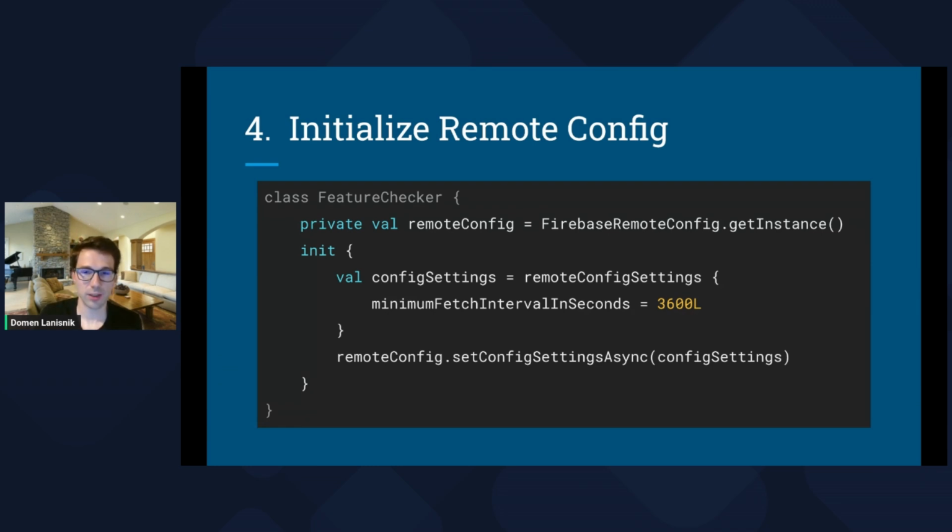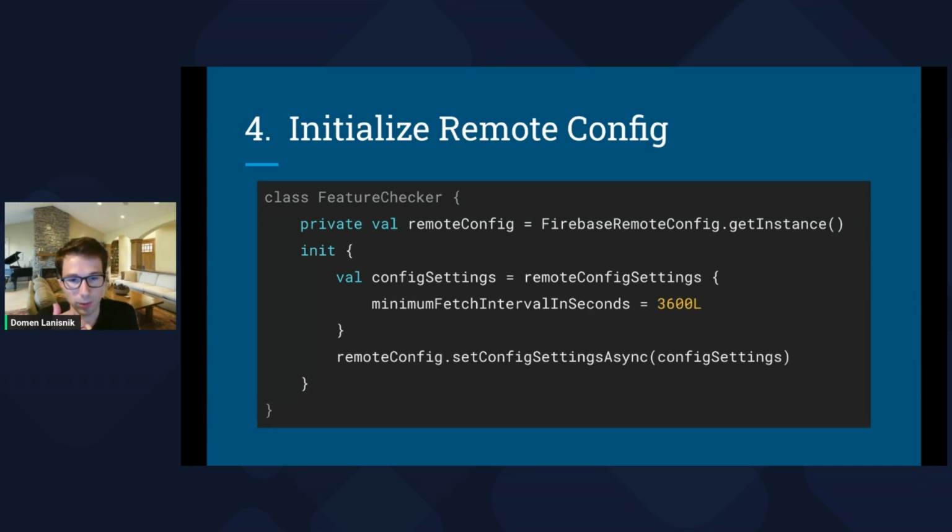But in production, you should use higher values, like 1 hour. Otherwise, you may experience throttling, where you will essentially get slower updates. So a good recommended value is 1 hour.